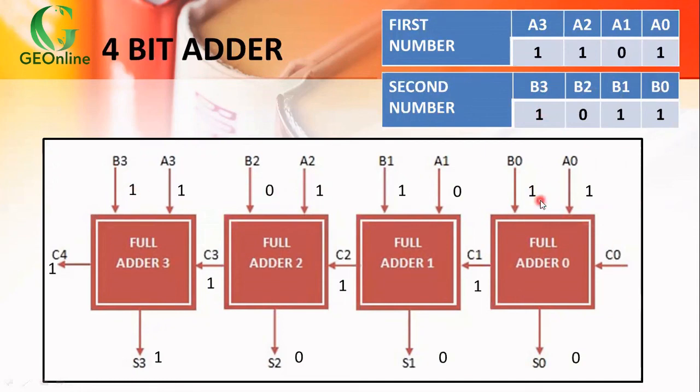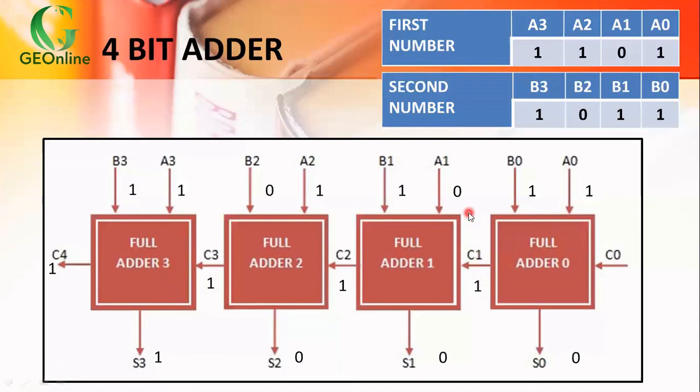Now we are adding these two numbers, 1 plus 1 here, 1 plus 1 is 10. So sum is 0 and carry is forwarded to next full adder. So this is the third input of the second full adder. For second full adder, we have A1 here, B1 here, then first carry Z1.